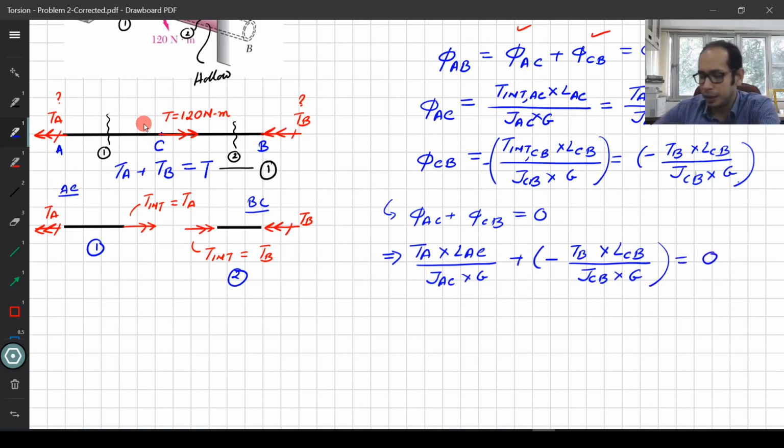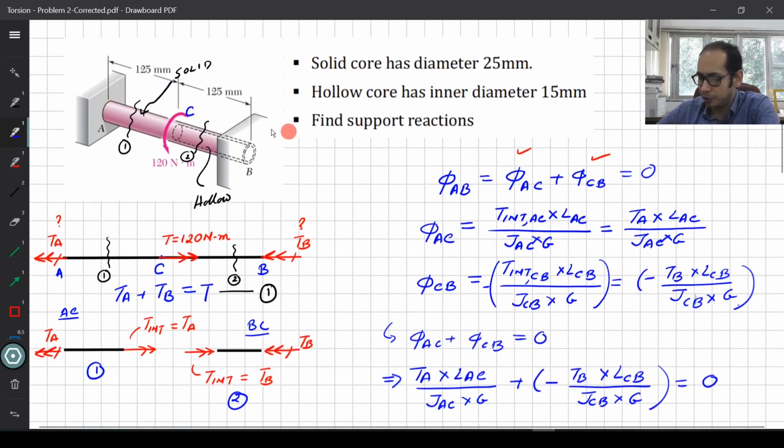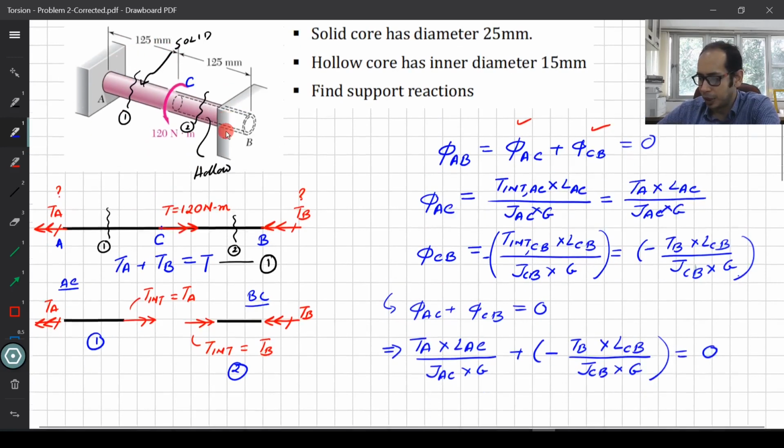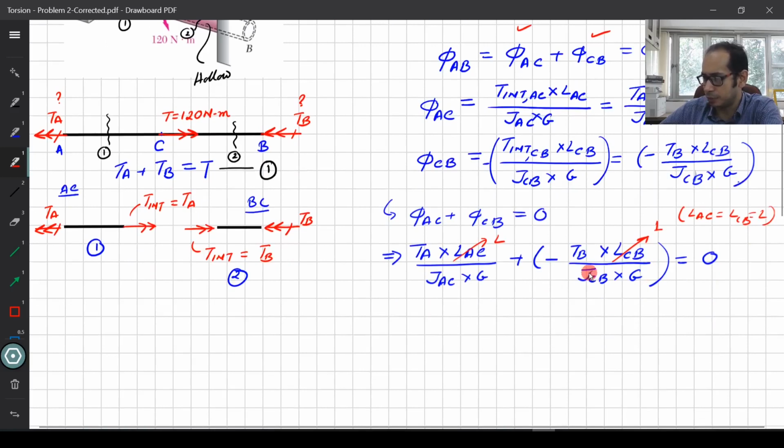Now this is an interesting problem where the shear modulus doesn't matter, because if it's made of the same material, this G goes away, taking it to the right-hand side, which is 0. Also, for this problem, the length of AC and the length of CB are the same, so I can replace both by L, where LAC equals LCB equals L. This also cancels because it is a common parameter in both terms on the left-hand side.